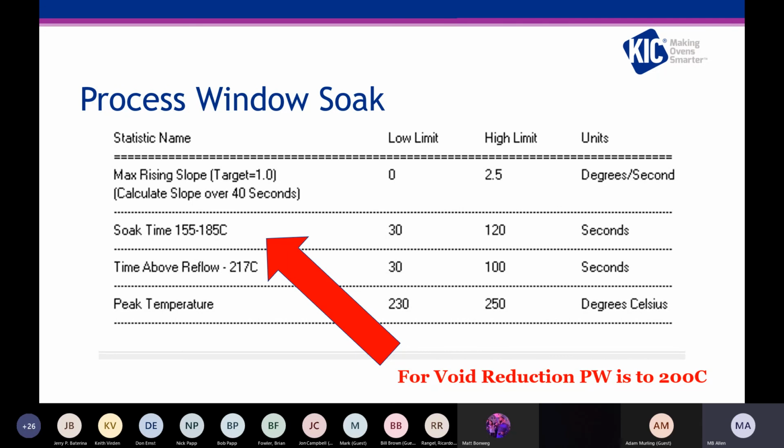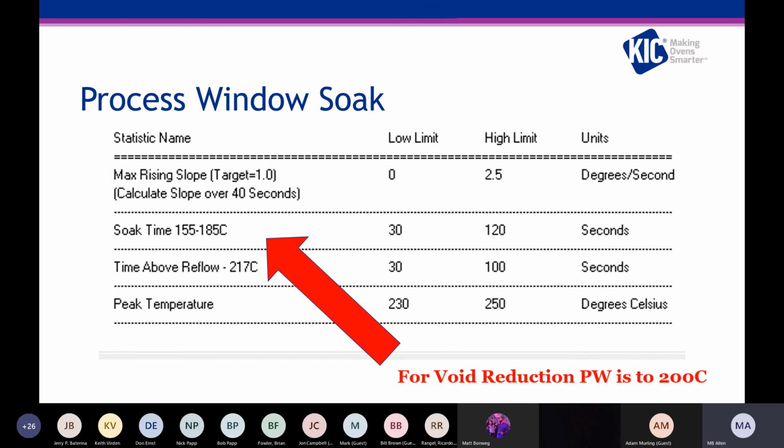Very often we've seen with people that still want to maintain a soak in their profile that typically a recommendation is 155 to 185 for soak. We've seen that come up closer to the reflow temperature where that soak maximum temperature is up to 200 degrees C. So this is one area that you can experiment with.